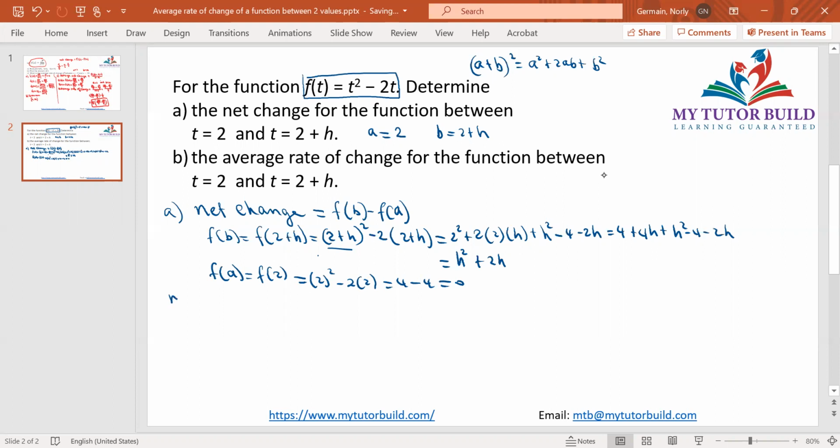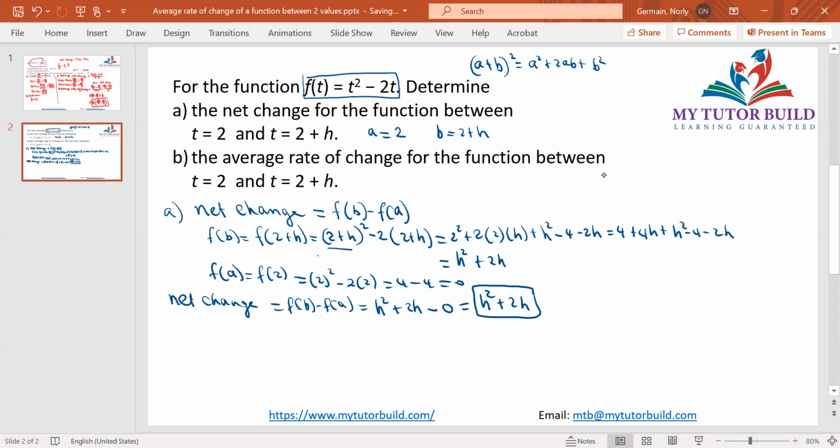Now, net change equals f of b minus f of a, let's substitute. F of b is h squared plus 2h, minus f of a. F of a is 0. So finally, net change is h squared plus 2h.